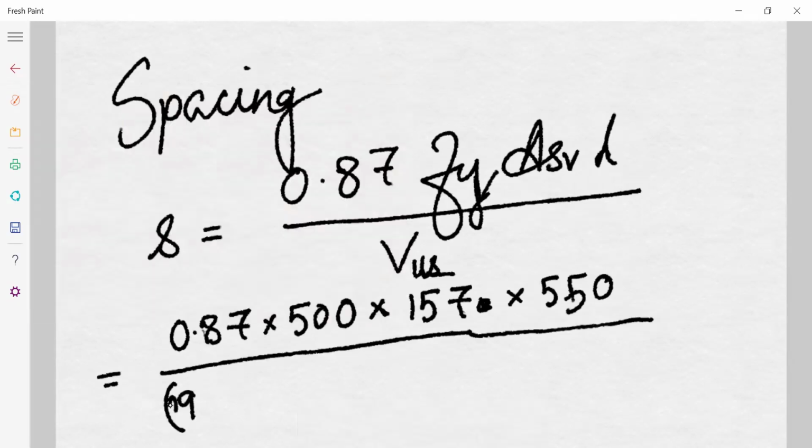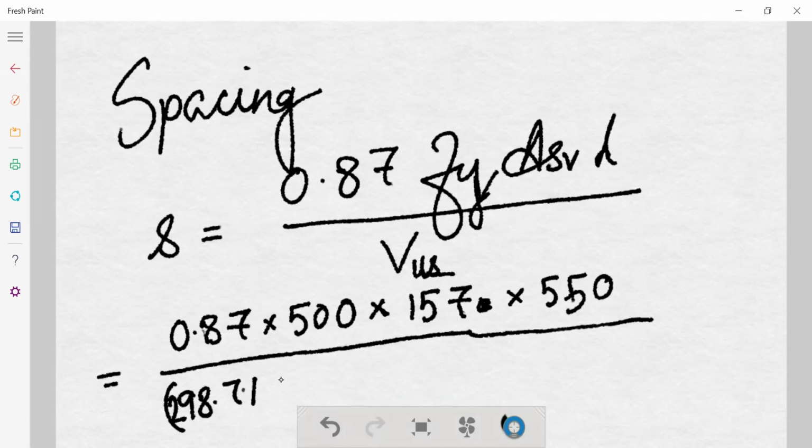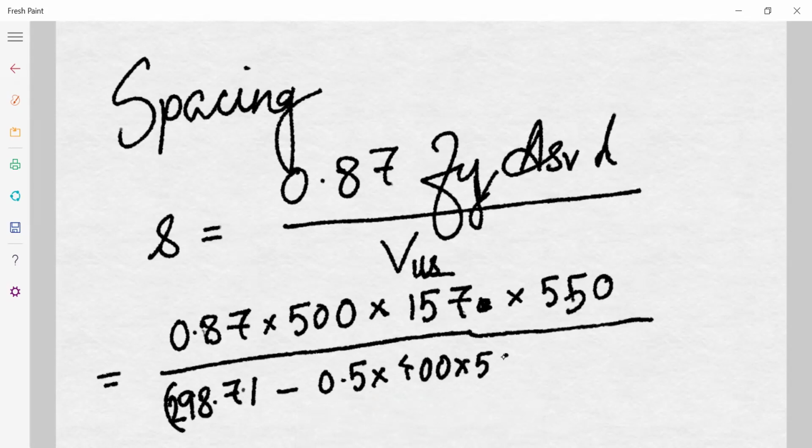298.71 minus capacity. Capacity is 0.5 into 400 into 550. That means tau C capacity, 0.5, into area becomes the shear force capacity.